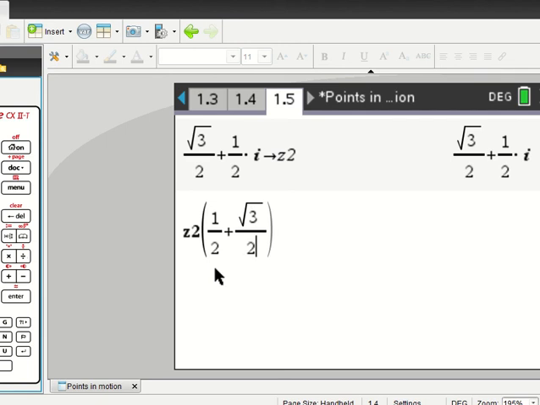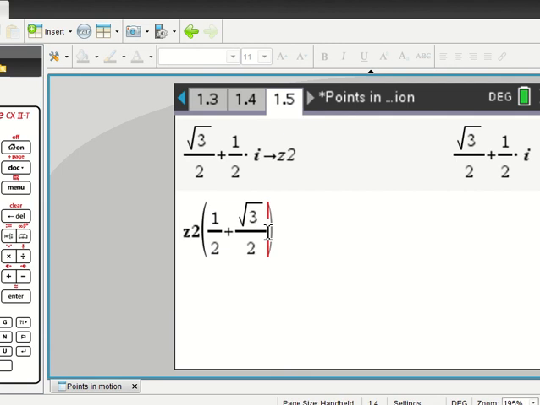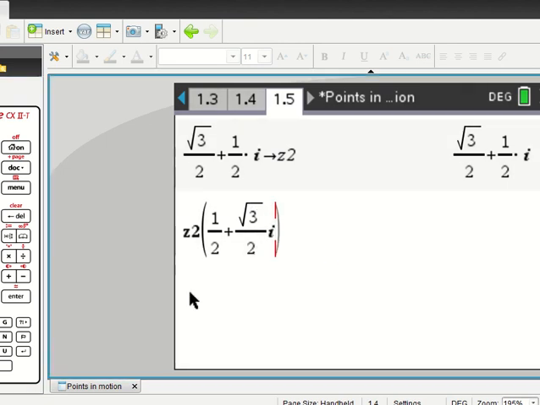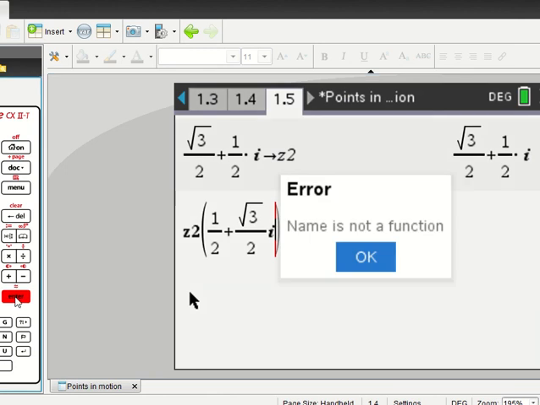Now, when you do this yourself, the biggest mistake that you might make is to forget to put this in parentheses. If you don't have the parentheses, you're going to do Z2 times the 1/2, but you won't get the radical 3 over 2 with the i. Enter.